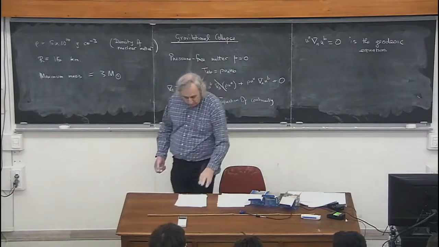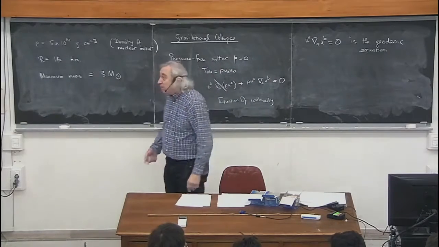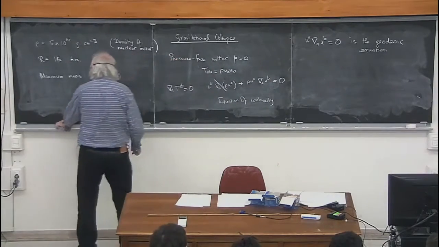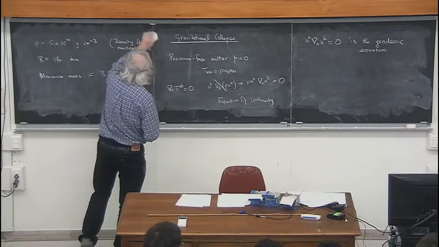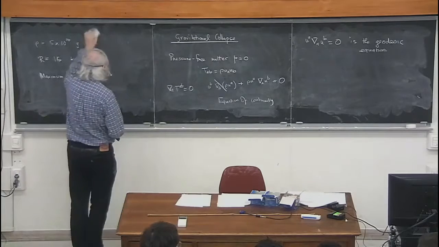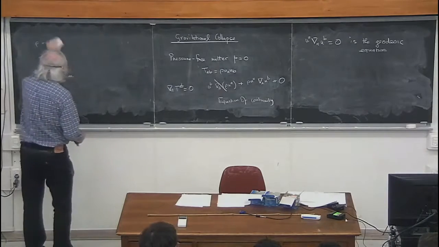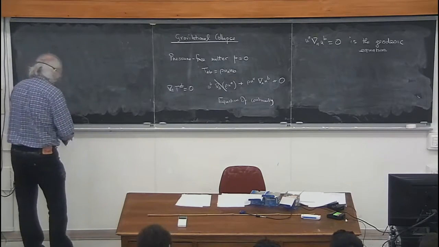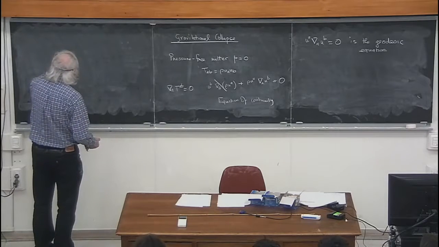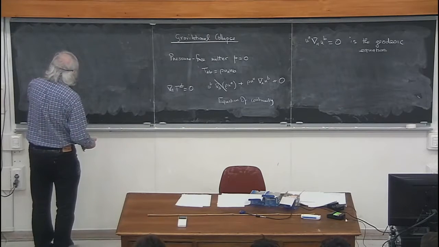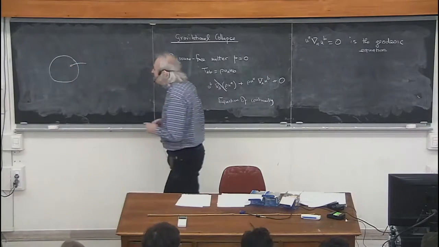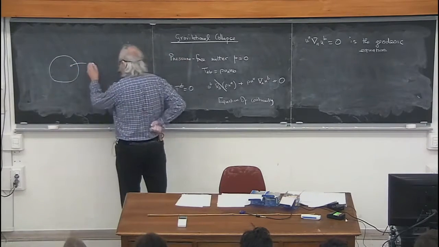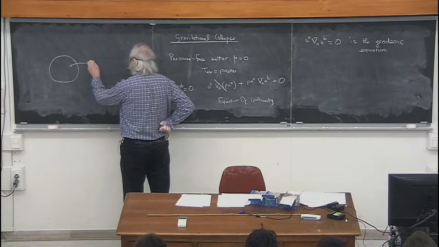So now we're in a position where we can actually go and do a calculation. The calculation that I want to do is the following. The initial condition is going to be a ball of stuff, spherically symmetric, of constant density, at rest.